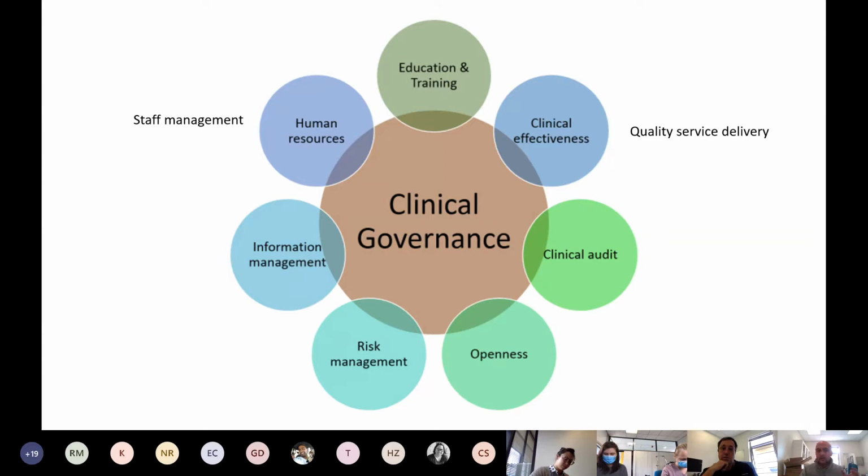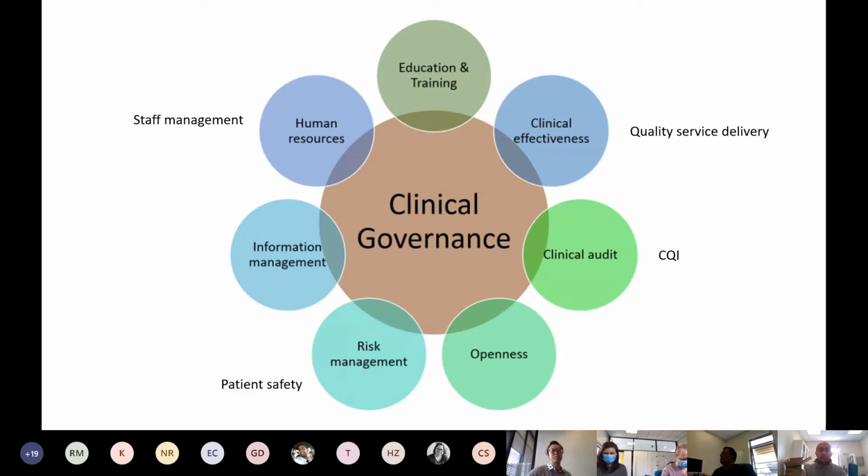Clinical effectiveness is basically your service delivery, policies, guidelines, communication, collaboration between units, etc. Evidence-based medicine: how do you ensure that you practice evidence-based medicine? Clinical audit is to do with improvement. Audits, we can even add research over here, but it's to do with improvement.